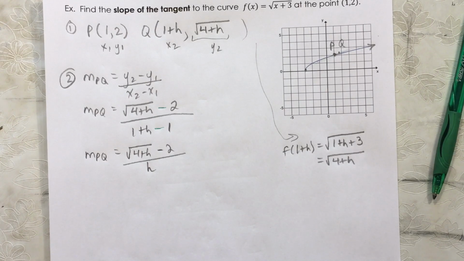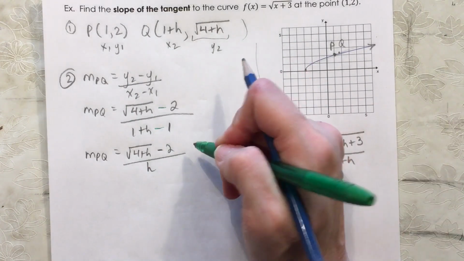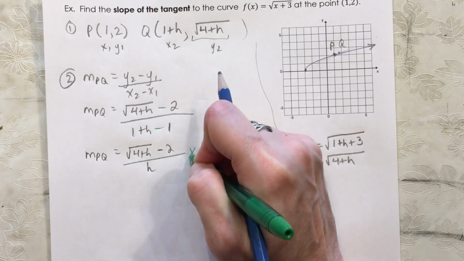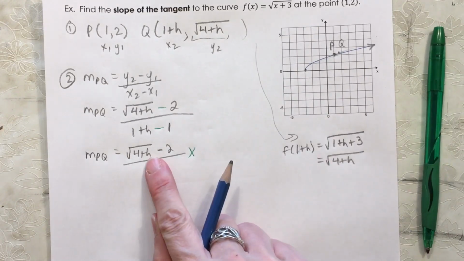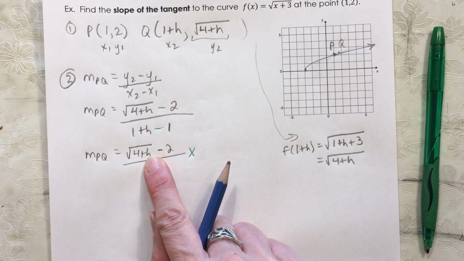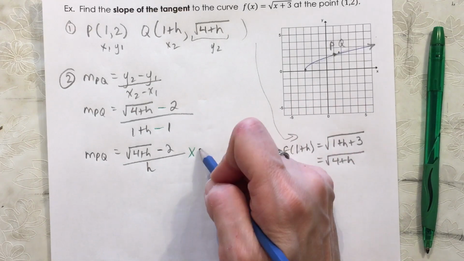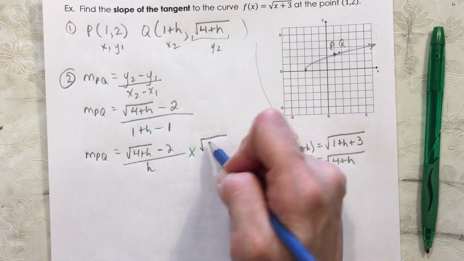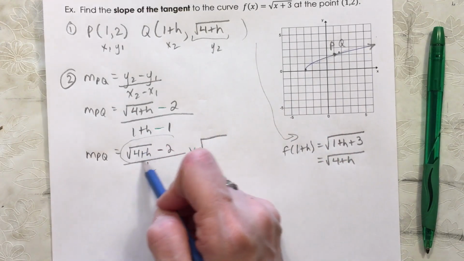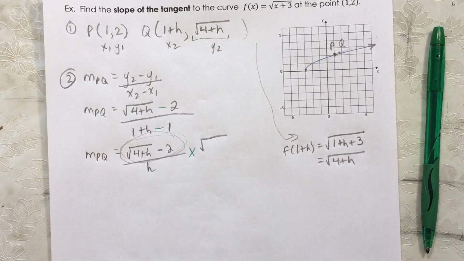This is called multiplying by the conjugate radical. So what we're going to do is multiply by 1 in a way that's going to allow us to free up this h here. So we're going to multiply by the conjugate of this numerator here.